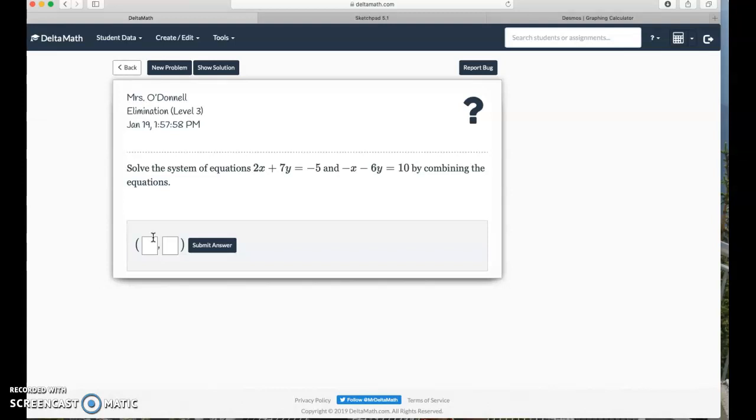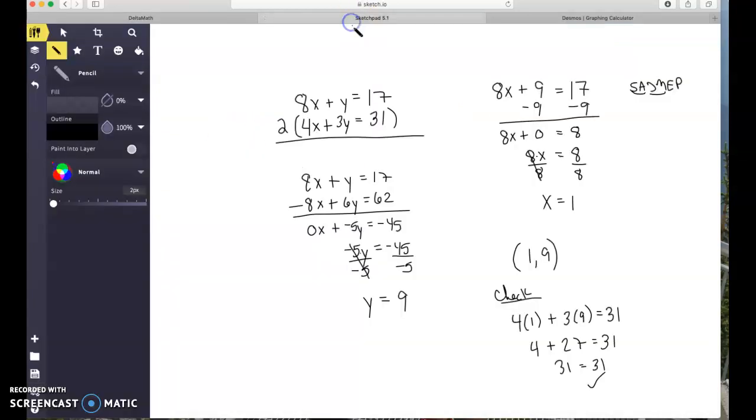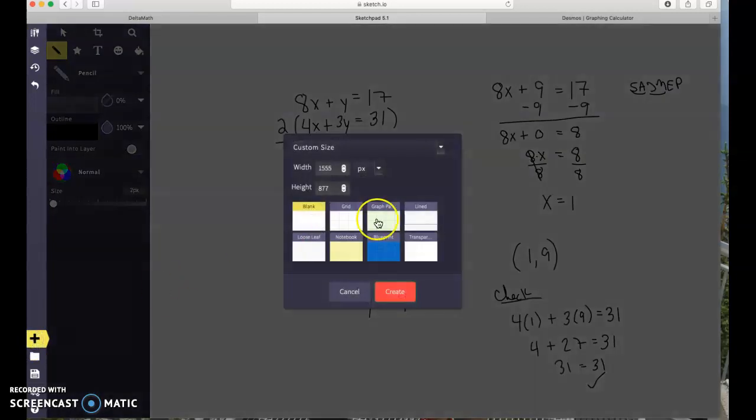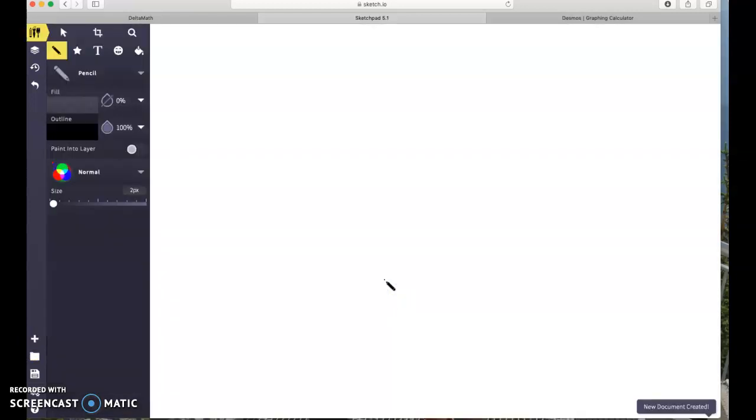We're going to hop over to the sketch pad and get a fresh sheet going and start solving this system of equations. So I've got 2x plus 7y equals -5, and then I've got -1x minus 6y equals 10.